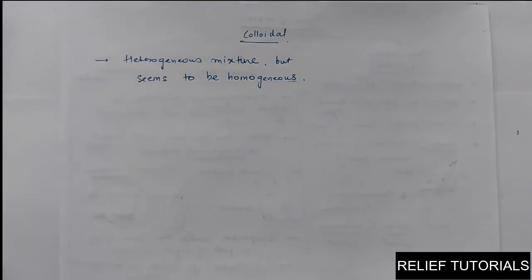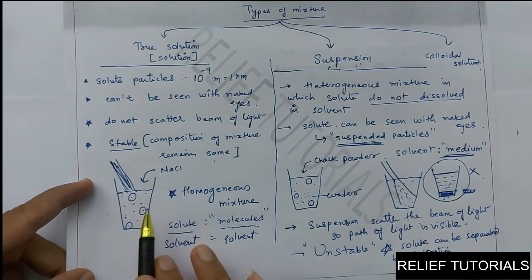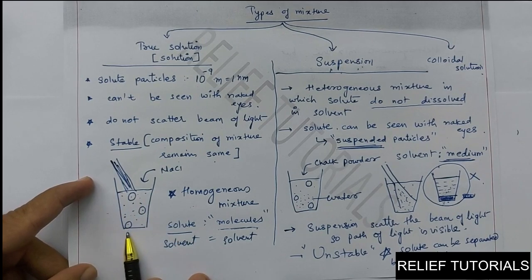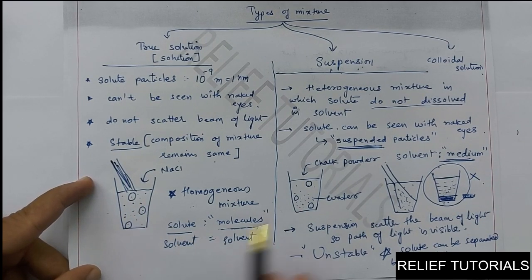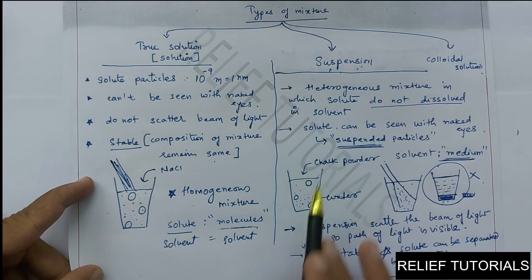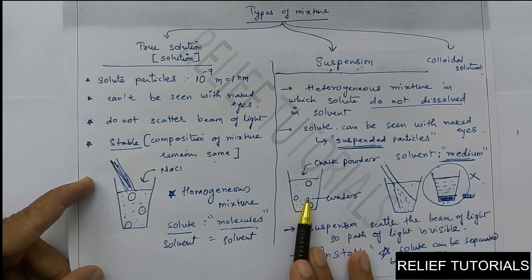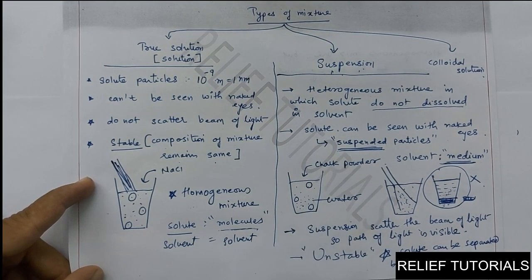It is actually heterogeneous but appears to be homogeneous. See here in the solution we have seen that the particles are evenly distributed everywhere. Here in the suspension the particles can be seen easily with the naked eye. They are not uniformly distributed.